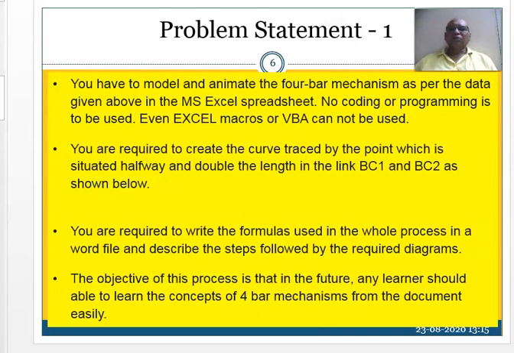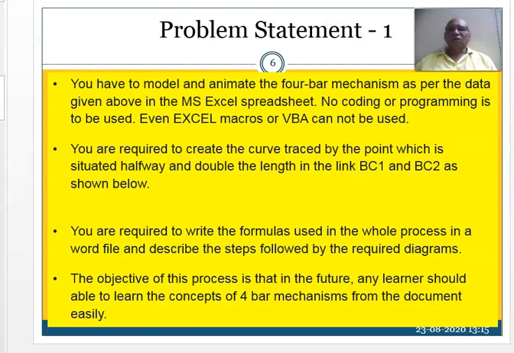So the problem statement was you have to model and animate the 4-bar mechanism as per the data given above in the MS Excel spreadsheet. No coding or programming is to be used. Even Excel macros or VBA cannot be used.